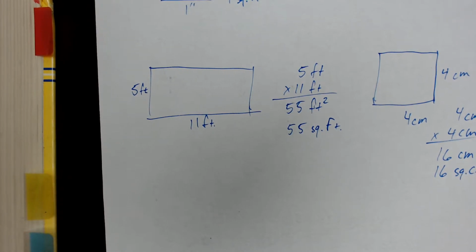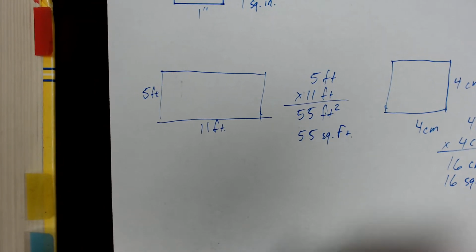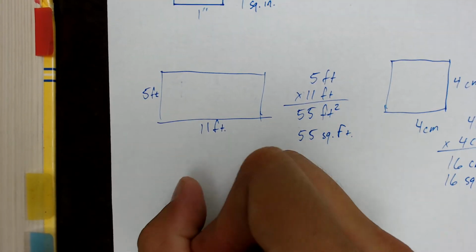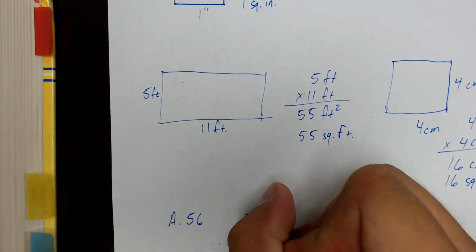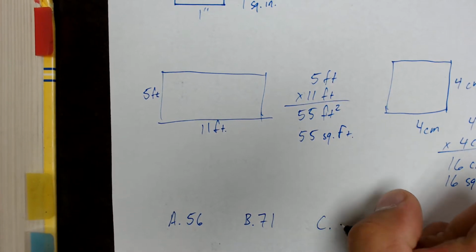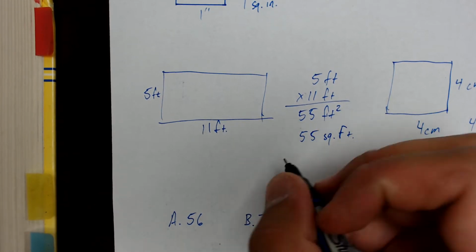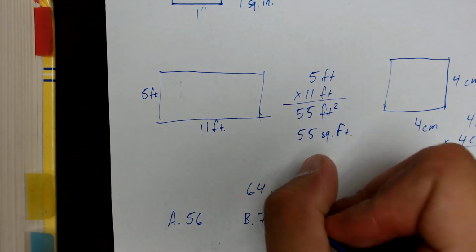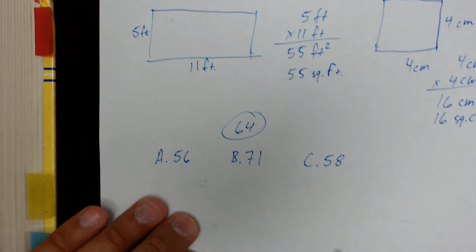If you look at example 3 on page 155 of your textbook, they ask you which one of these numbers is closest to the number 64. So they give you A, B, and C. They've got these 3 numbers, and they want to know which one is closest to 64. Right? So that's the number that we're trying to figure this out.